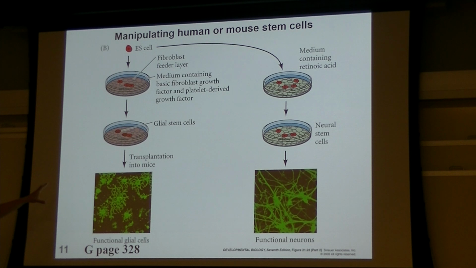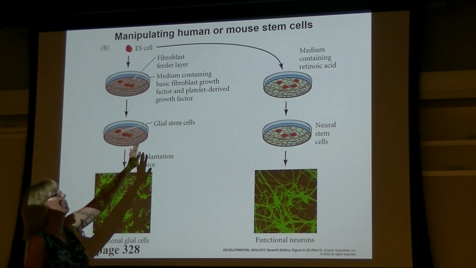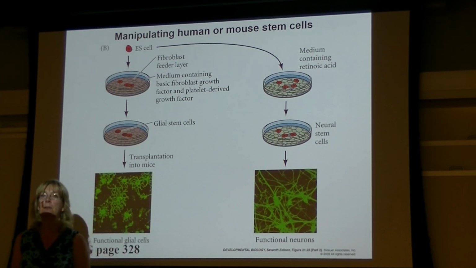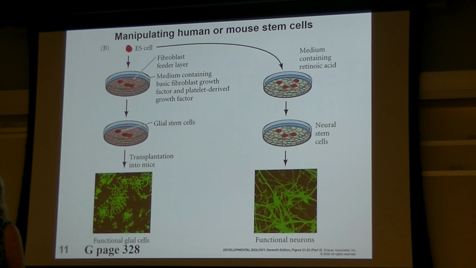Or here's a different scenario where you take the same exact ES cell and you're treating it with different things, so fibroblast growth factor and platelet-derived growth factor, so additional paracrine factors, and then that makes them into glial stem cells, and those could be transplanted into mice as well. So one thing you would need to know is how do we get the cells to go down the pathway, and then how do we introduce them into the organism itself.